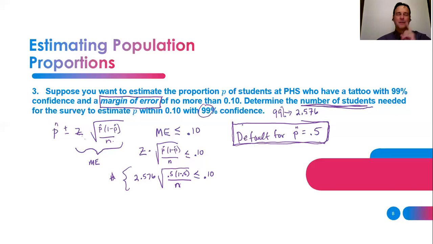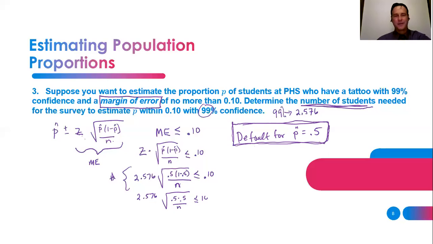But I guarantee there's always one student who will come up to me and say, hey, I don't know what p hat is. And I'll say, we talked about it. There is a default. I don't even know if I'll tell you there's a default, but you have to know it's 0.5. And from there, we'll just plug this in and work it out. So this is 0.5 here, this is 0.5 here.